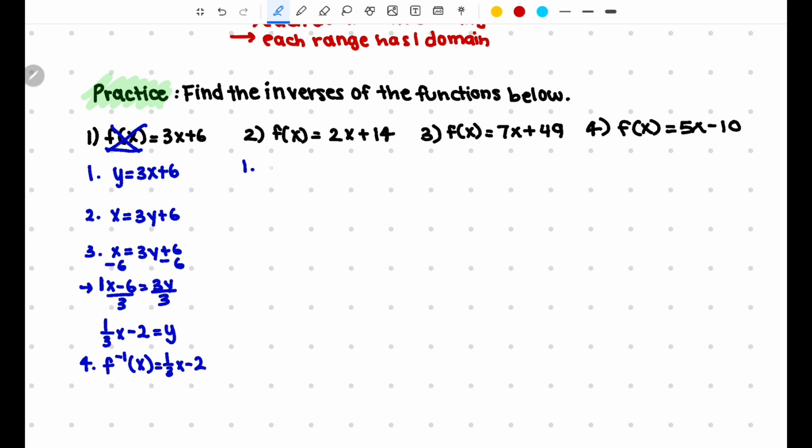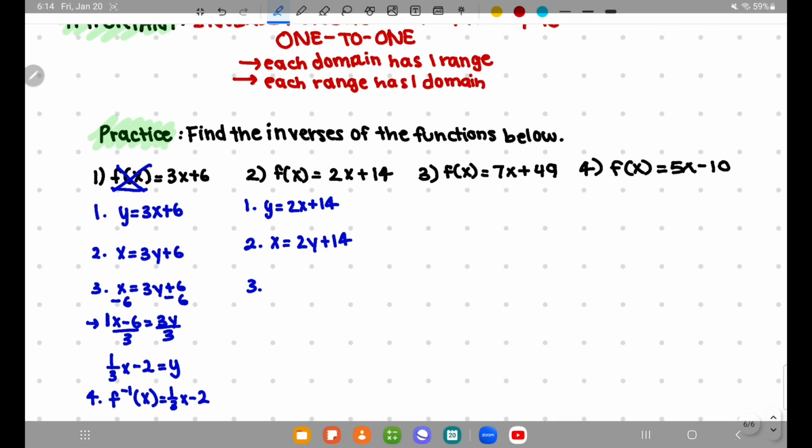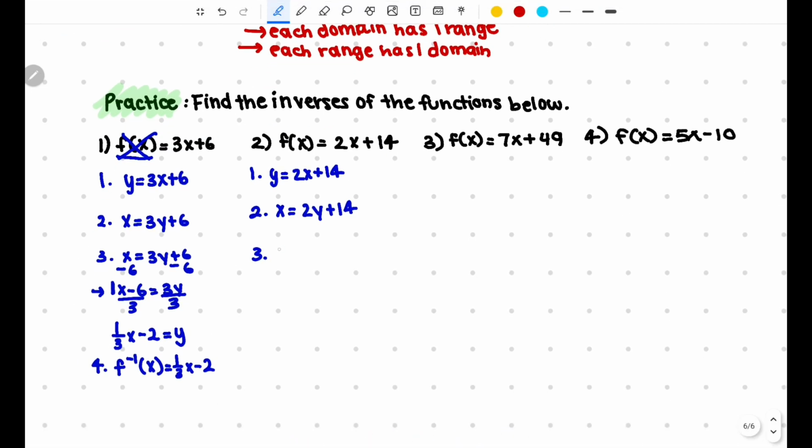Number 2, the first step, y is equal to 2x plus 14. We replaced the f of x with y. Then we are going to switch the variables. x is equal to 2y plus 14. Step 3, we are just going to solve for y.